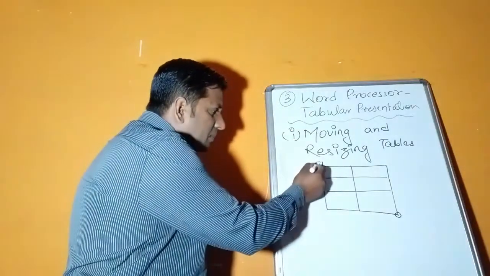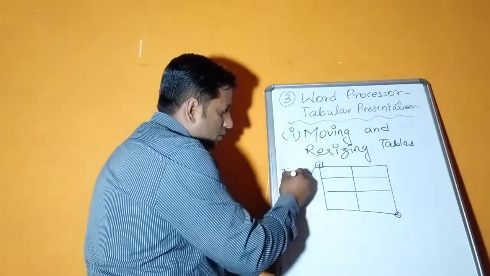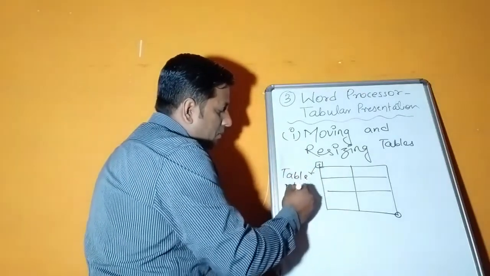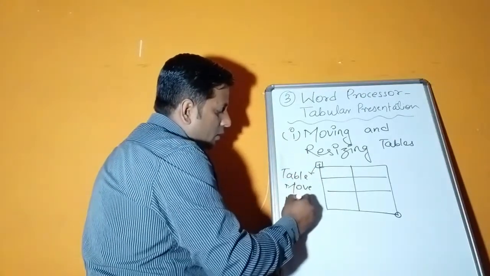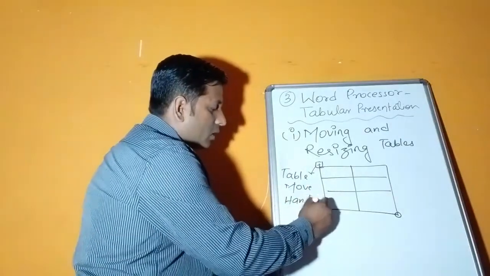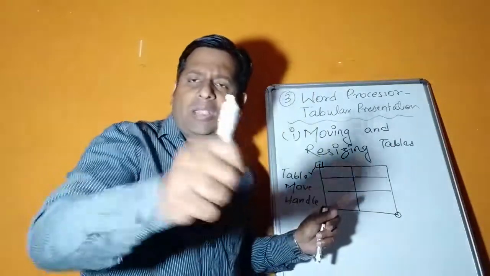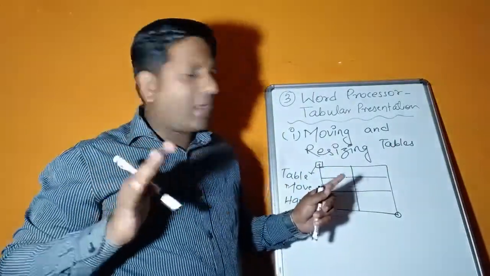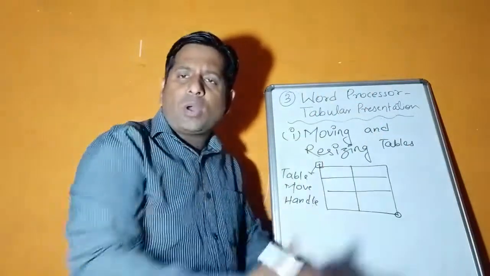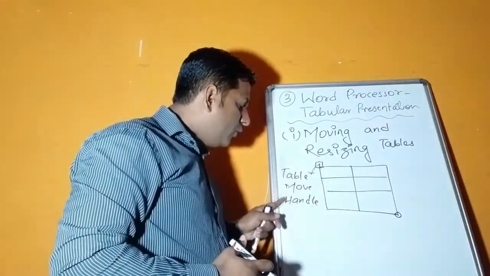The plus sign is known as the table move handle. Table move handle means this plus sign: you can click and move the table. Simply drag and drop, and you can see the table will be moved from one location to another location.